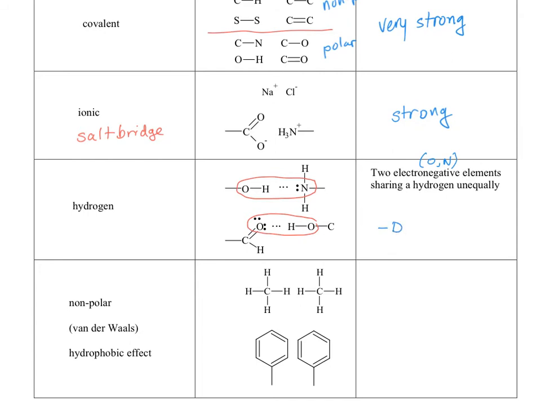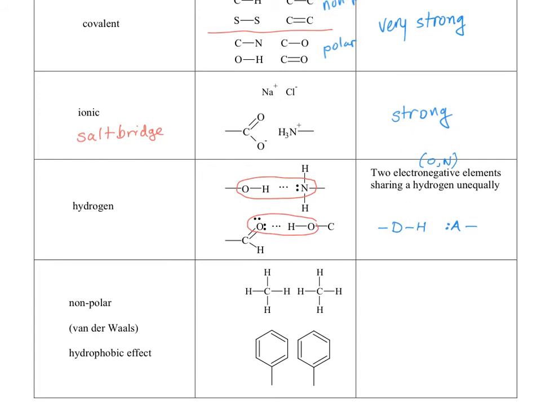The donor atom is the oxygen or nitrogen that has the hydrogen physically attached to it. The acceptor atom is going to be the oxygen or nitrogen that does not have the hydrogen attached to it. The acceptor must always have a free pair of electrons. I find it useful to throw those on there, but you're not required to do that.